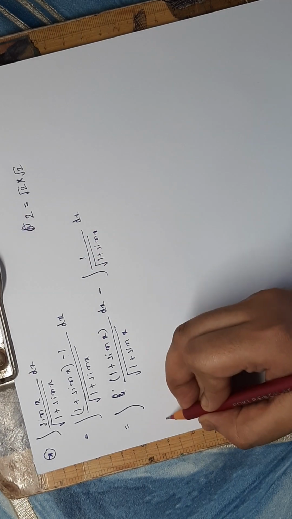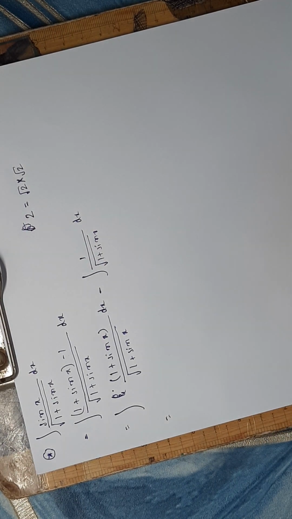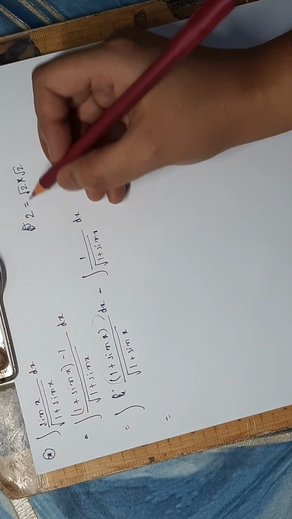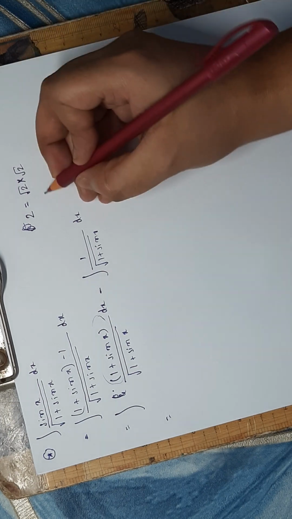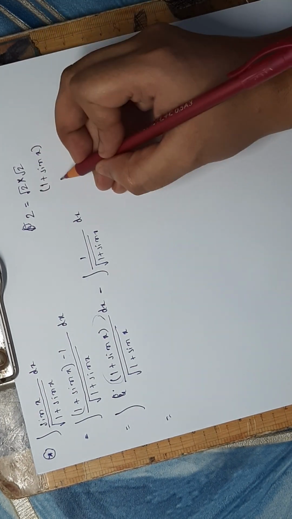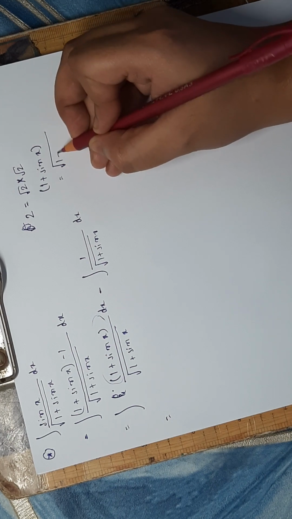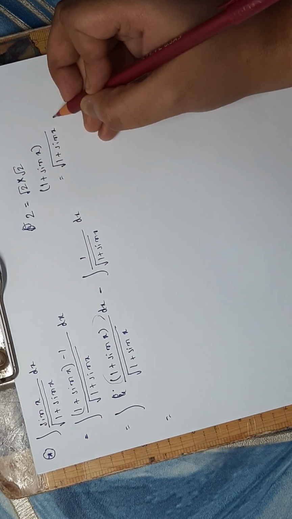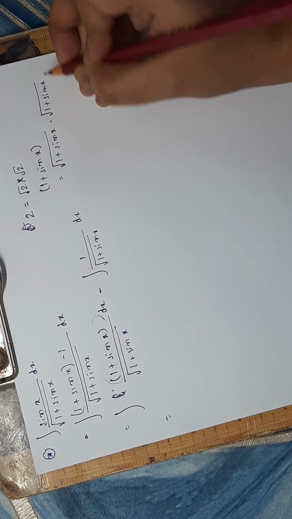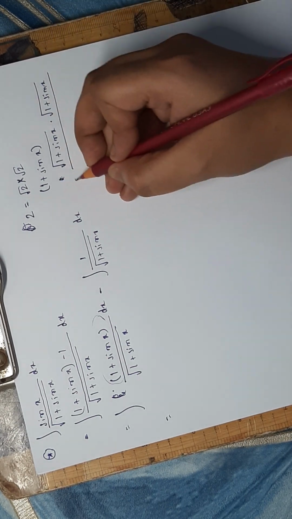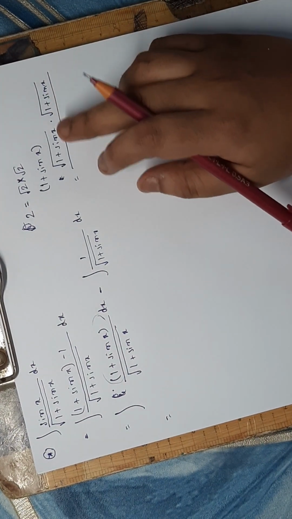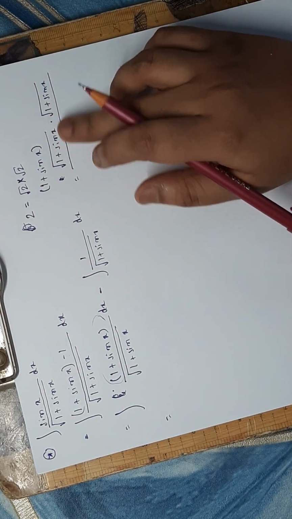Next, what we have to do here is, as I told you about this particular thing, if 2 can be written as root 2 into root 2, then can I not write 1 plus sin x as root over of 1 plus sin x into root over of 1 plus sin x? I can write it, right? Because ultimately when two roots are multiplied together, of course it has to have the similar element inside.